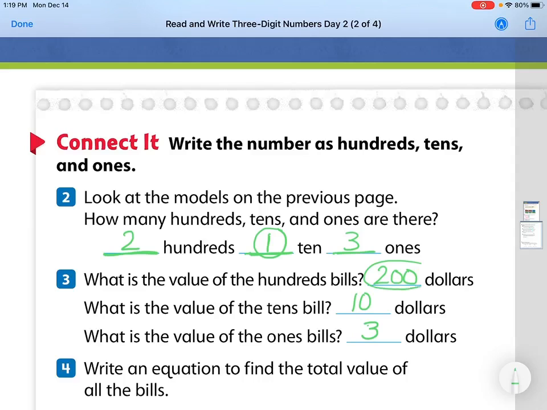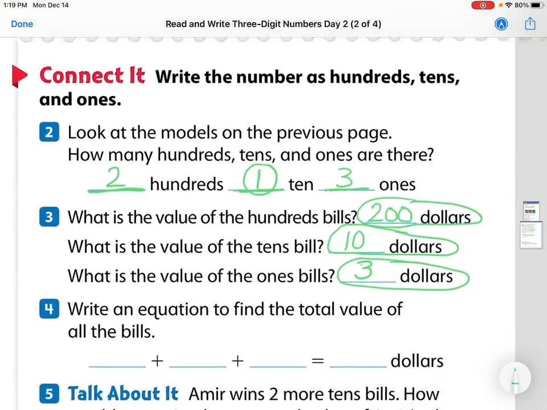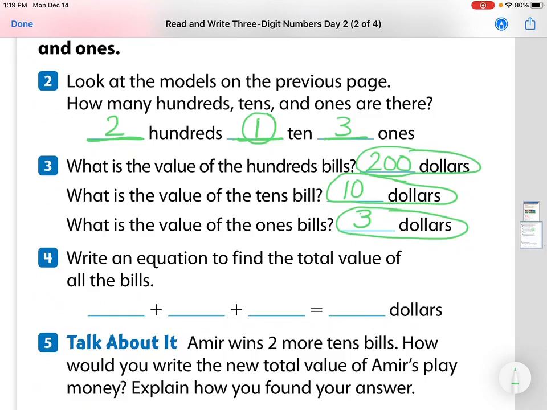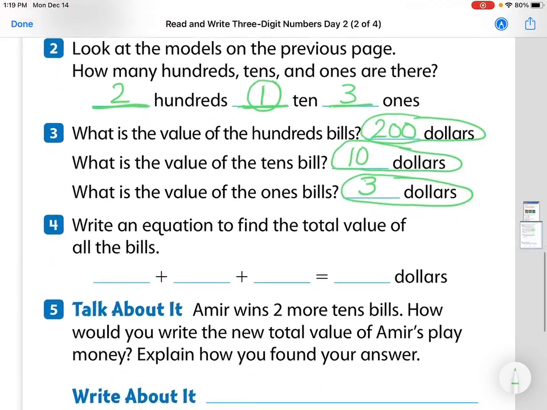So here I have $200, and here I have $10, and here I have $3. Now it wants us to write an equation to find the total value of all the bills, and this is where we're going to write our values in. The values are our answers for problem number 3. The value of the hundreds is 200.